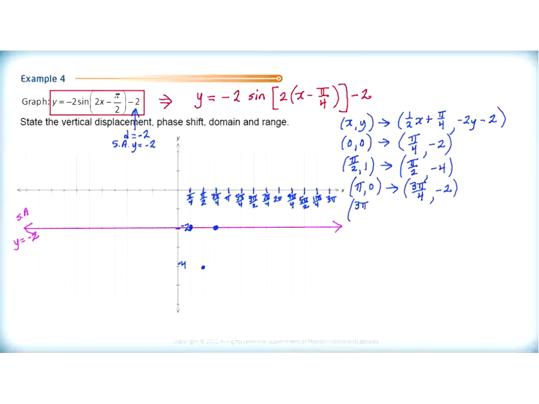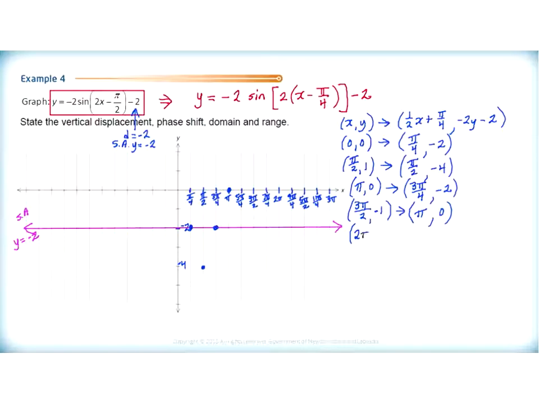And then you substitute in (3pi/2, -1), and that will go to half of 3 pi over 2, which is 3 pi over 4, plus pi over 4 is 4 pi over 4, or just pi, and -2 times -1 is a positive 2, minus 2 is 0. So at pi units, the y value will equal 0.